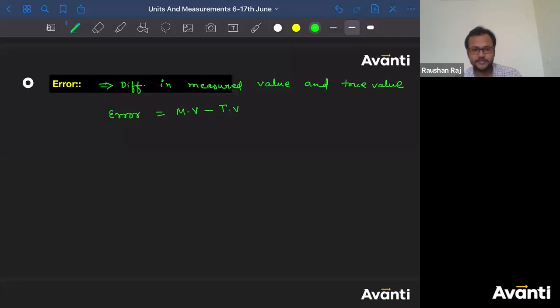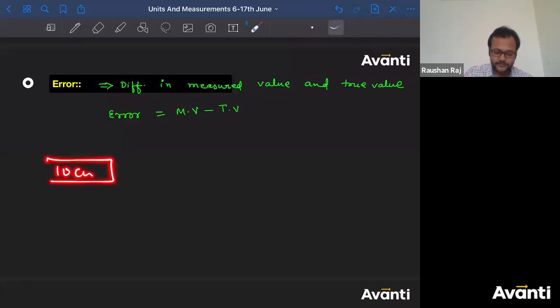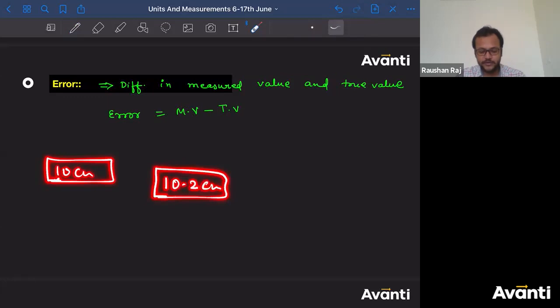Okay, so MV means measured value and TV means true value. Let's say you're having 10 centimeter as the length of the rod. You know that this is a rod of 10 centimeter. When you measured it, you got 10.2 centimeter. Tell me what is the error that you have got? How much error did you get? So I'll say 0.2 centimeter.